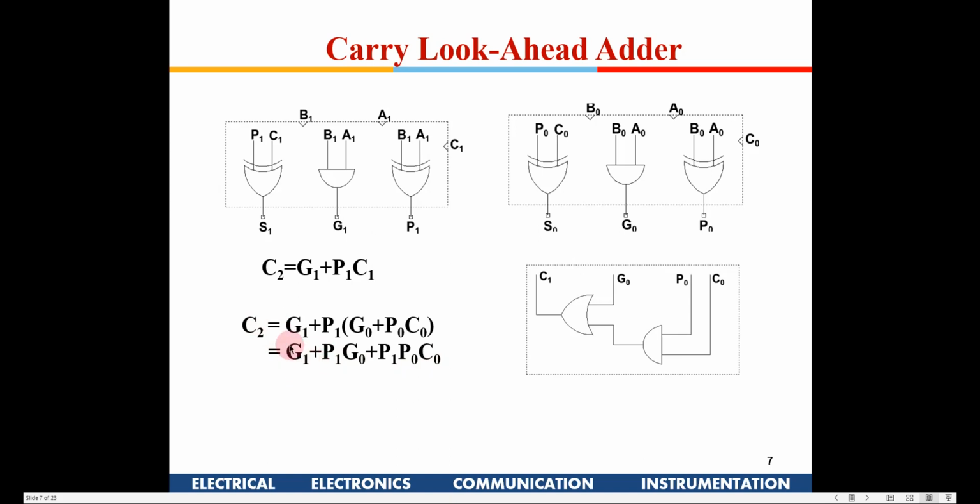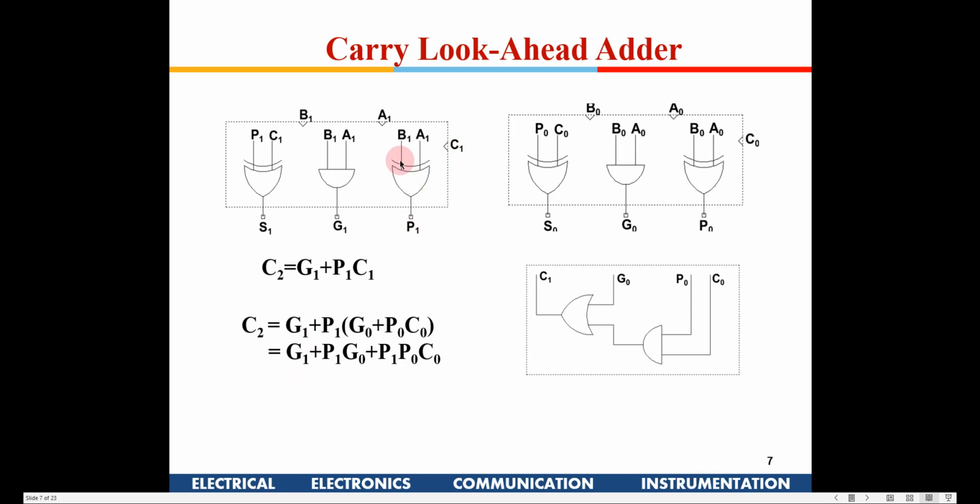So what does this expression say? From this stage, if both are 1, then I generate it straight away. I don't have to bother what is the incoming carry, because if both are 1, carry is to be generated. It doesn't matter whether what is coming from the previous stage is 1 or 0. So I have G1.